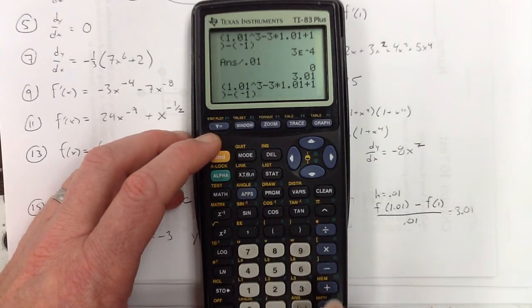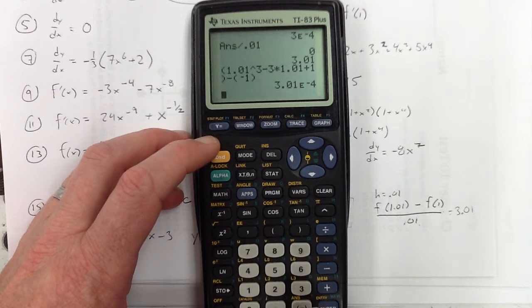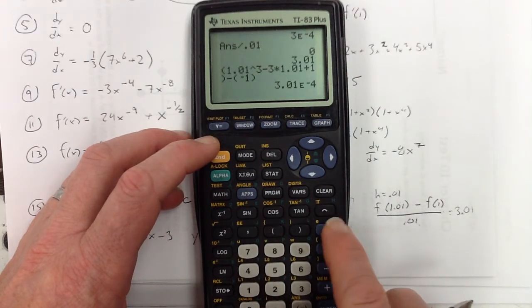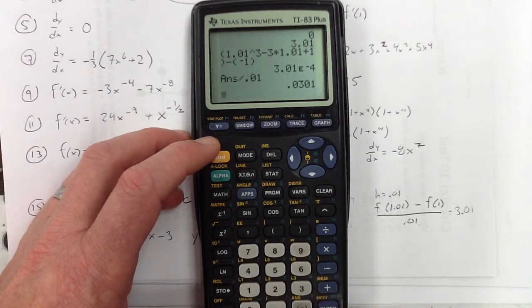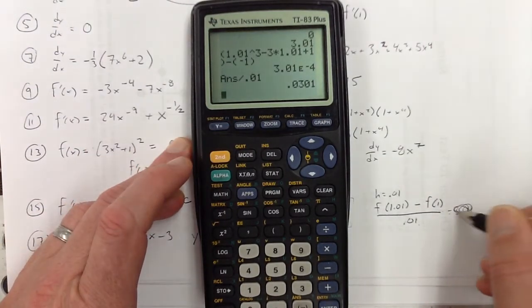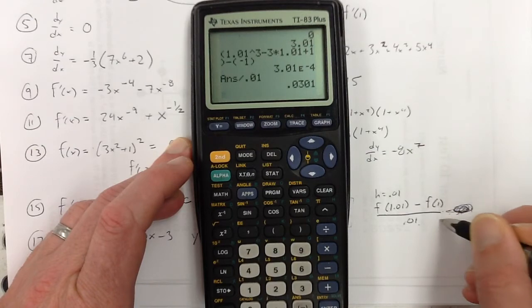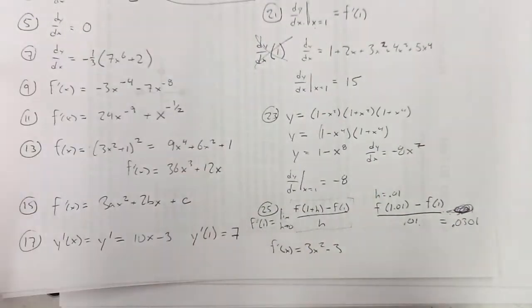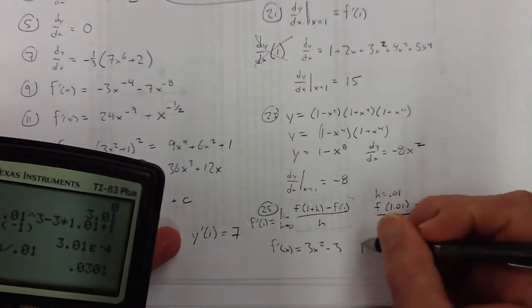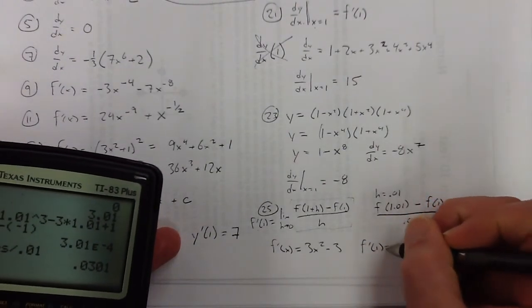So there's this, and then I need to divide that by 0.01. Oh yeah, there it is, sorry. So I'm not sure exactly why that happened, but the exact value is 0. So f prime of 1 is 0.